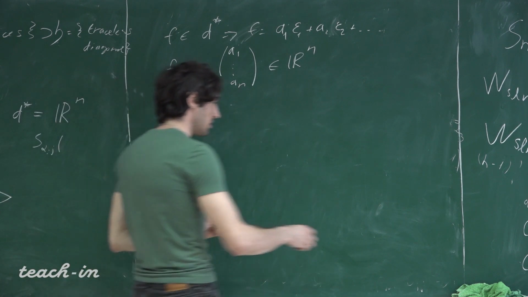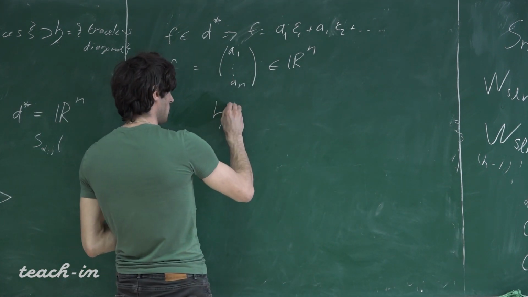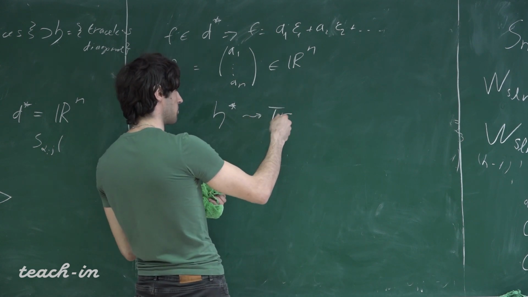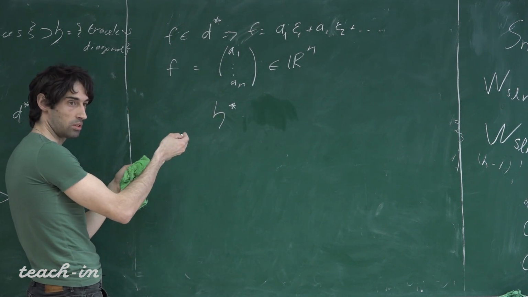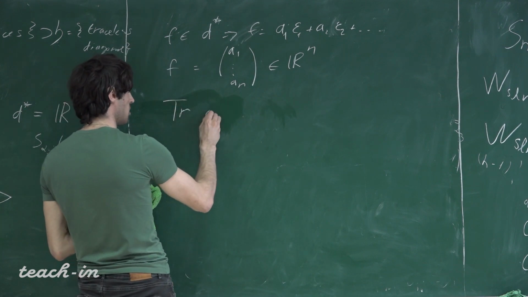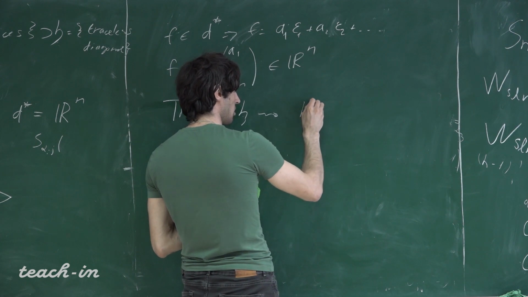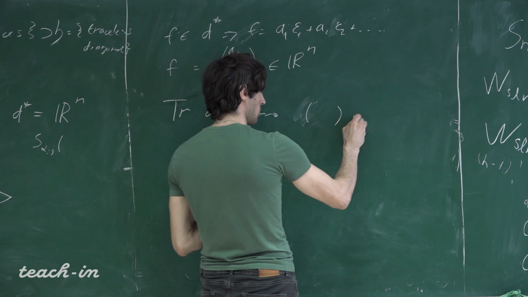On H star, trace on H gives me an inner product on H star.